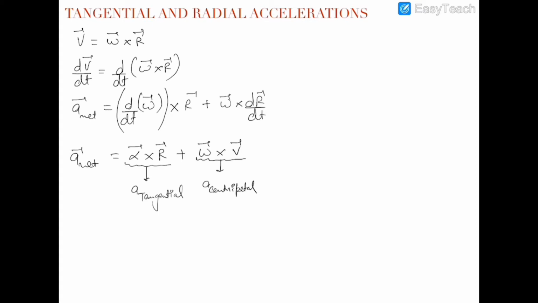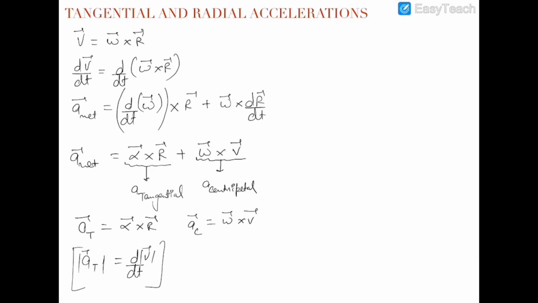So a tangential is equal to alpha cross r, and the magnitude of a tangential is actually the rate of change of the speed of the particle. So the rate of change of the speed of the particle is known as tangential acceleration, and this is the centripetal acceleration ac, which is equal to omega cross v.